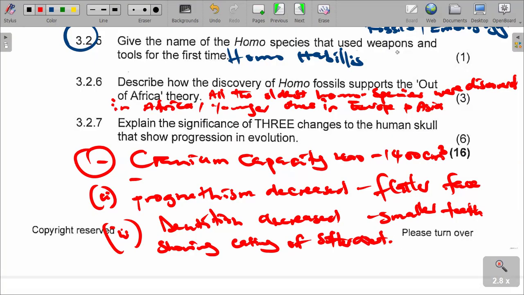We also talk about the brain reflecting bigger brains. It actually reflected bigger brains, and also the sophistication of the modern man that we can think about as we talk about evolution.